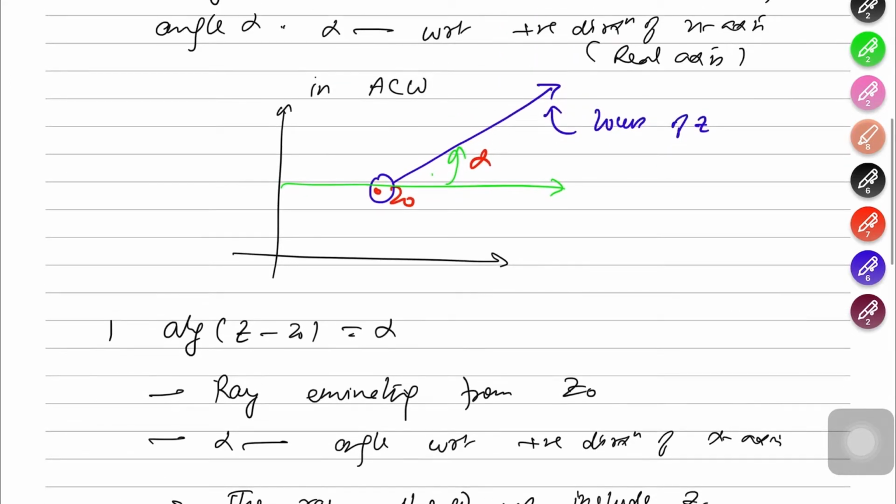As I have drawn here, the ray is originating from z naught, but the point z naught is not in the locus.